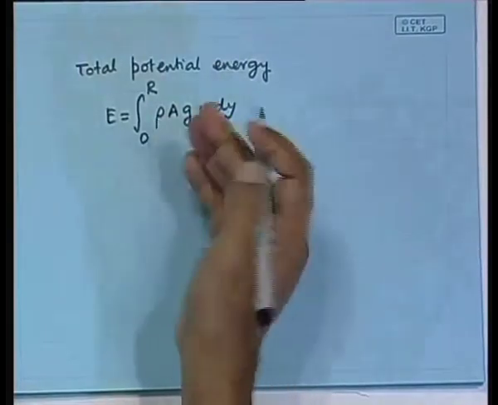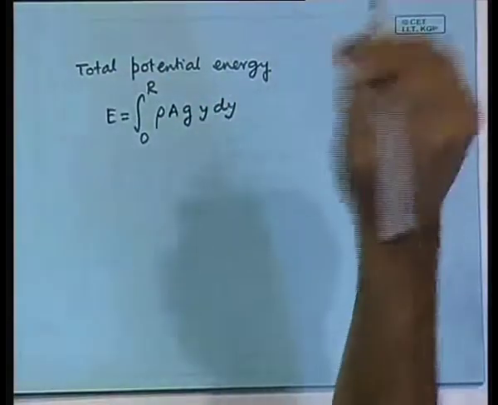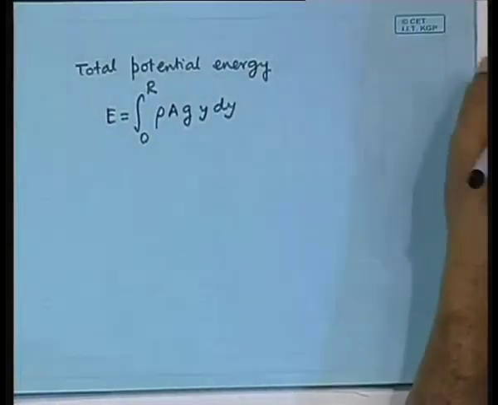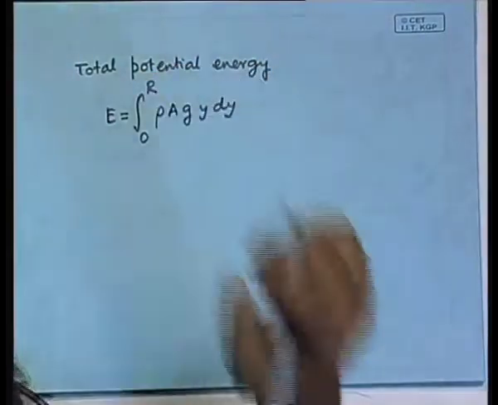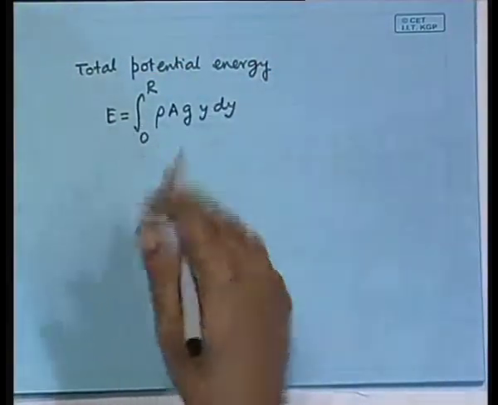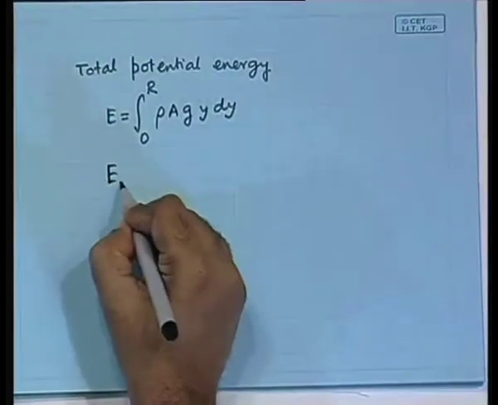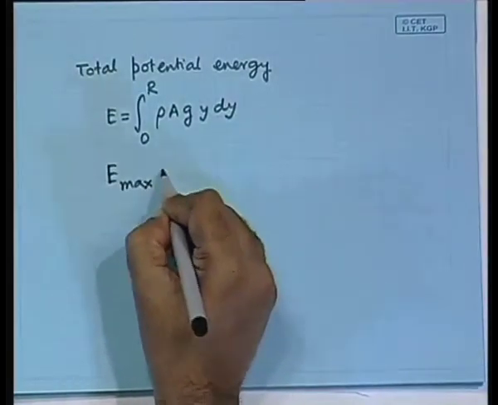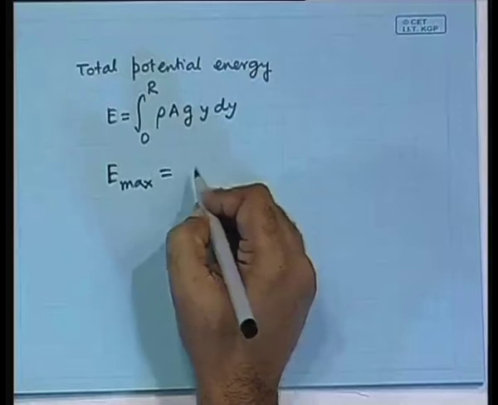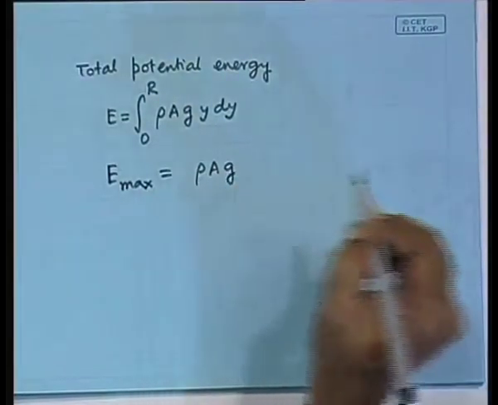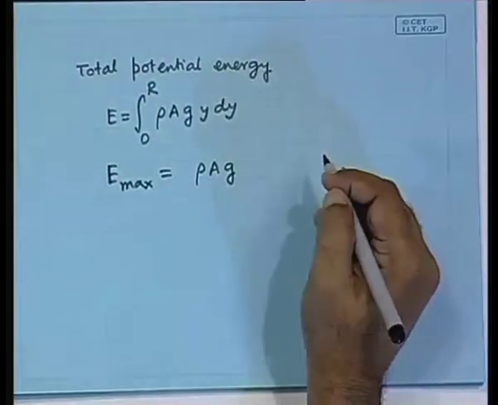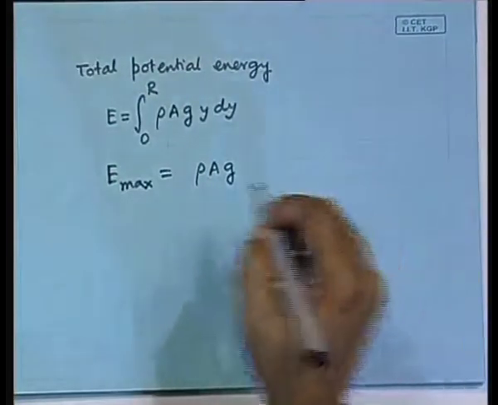Rho A g are constant, they come out, y dy integrated, pretty simply. We will write it as E max, because that is the maximum amount of energy available. E max is then rho A g, then how much? By 2, yes. So, half.